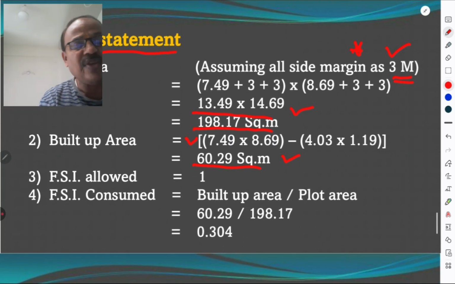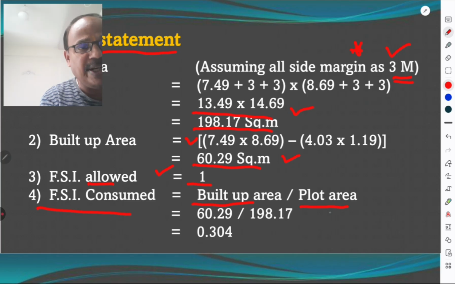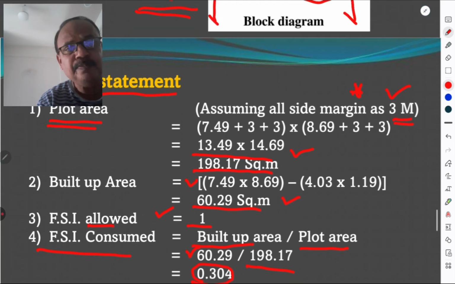So what is the FSI allowed? It is given FSI allowed is 1. So what is FSI consumed? That is built up area divided by plot area. Built up area is 60.29 divided by plot area 198.17. So that is 0.304.